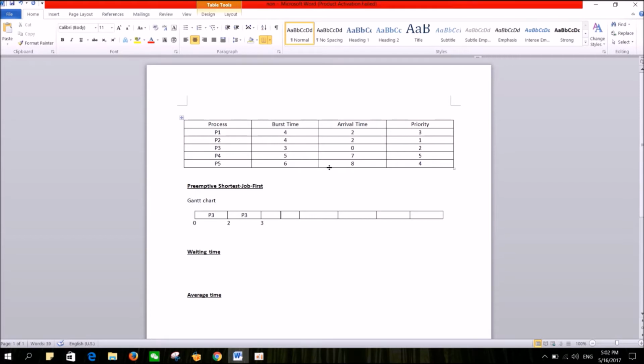P2 will finish its execution because there is no more new process arriving between 4 to 7. So P2 will finish its execution at 4. After P2 finishes its execution, P1 will execute 1 ms only because a new process arrives at 8 ms, which is P5.